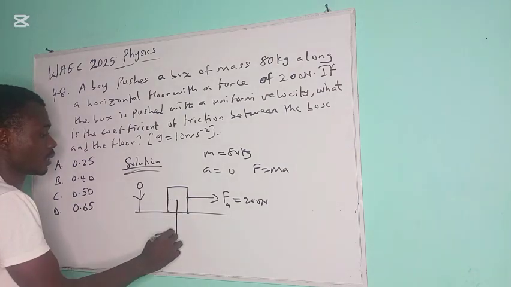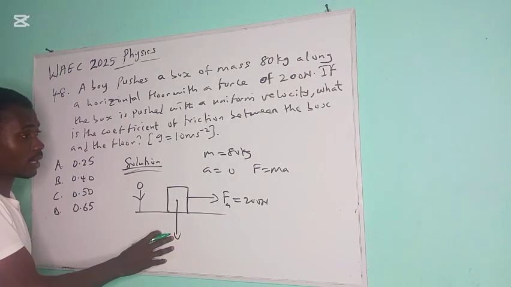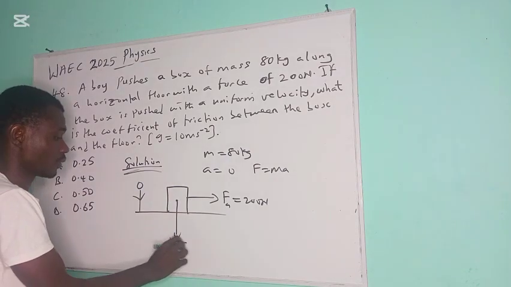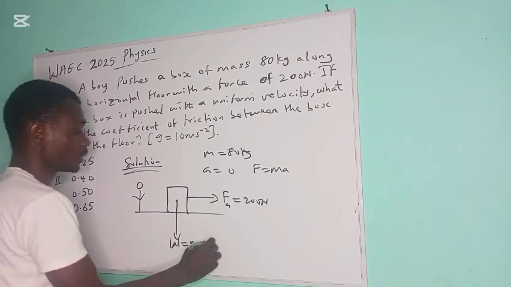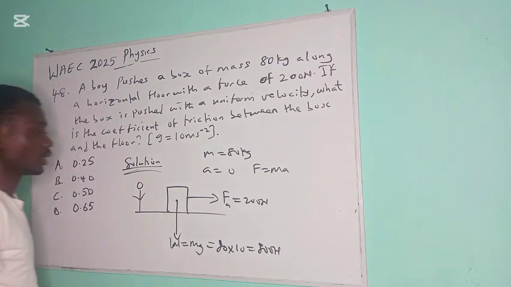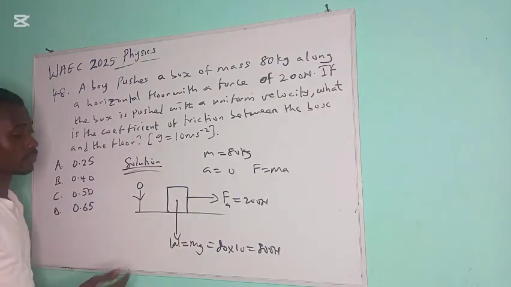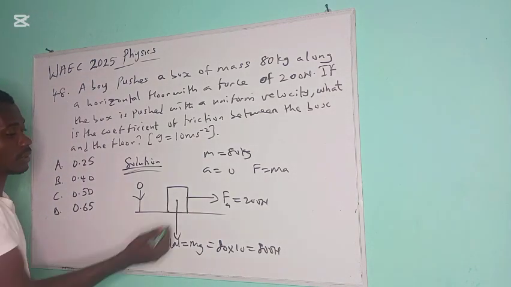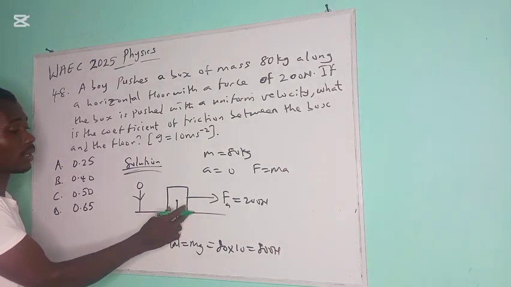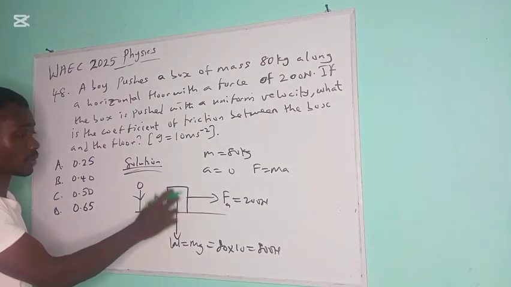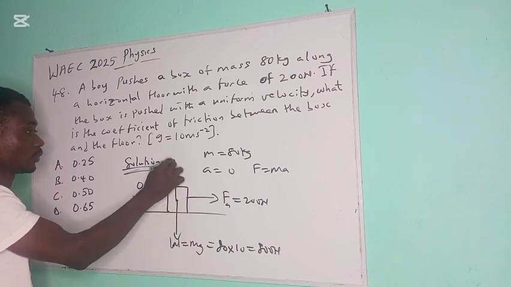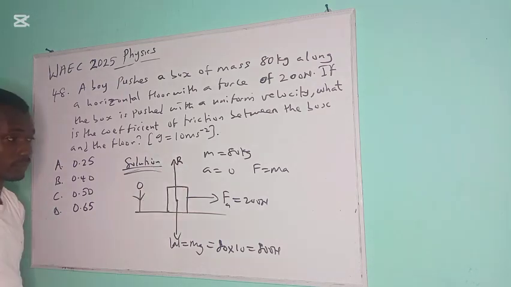Now let's move to the weight of the box. The weight is given by mg, which is 80 times 10, which is 800. Now there is what we call the normal reaction, the reaction of the floor on this box, which acts upward.